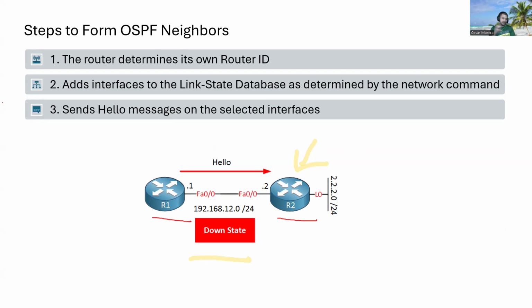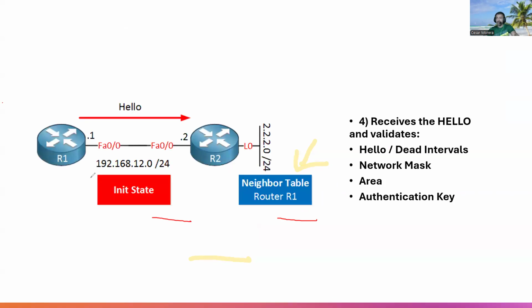It adds the interface to the link state database as determined by the network command. Basically, it sends hello messages on that selected interface, and that's it. Next, something else happens. Let's clear the board, and we see init state.